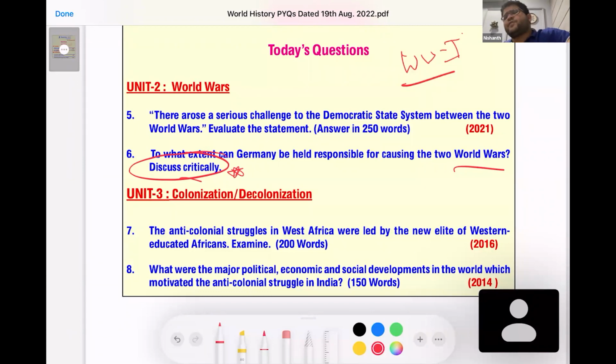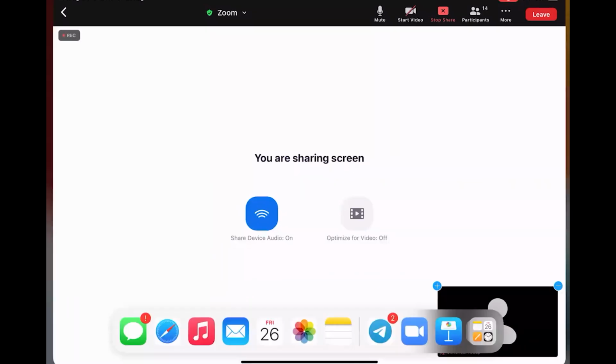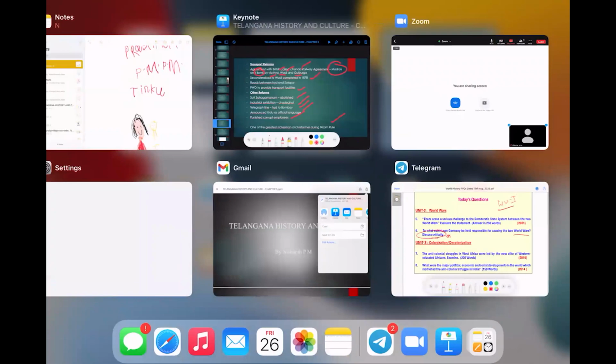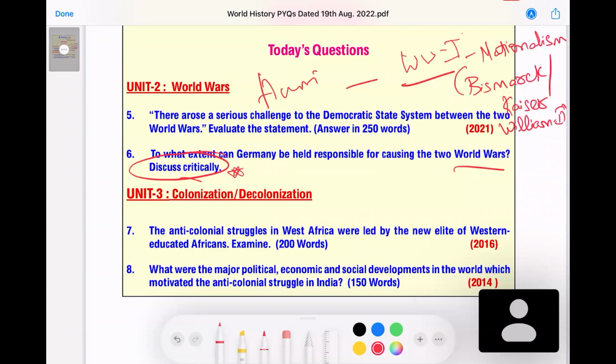What are the reasons for World War I? The first is the excessive nationalism. And then here it is Bismarck and Kaiser William II. And then humiliation of France.